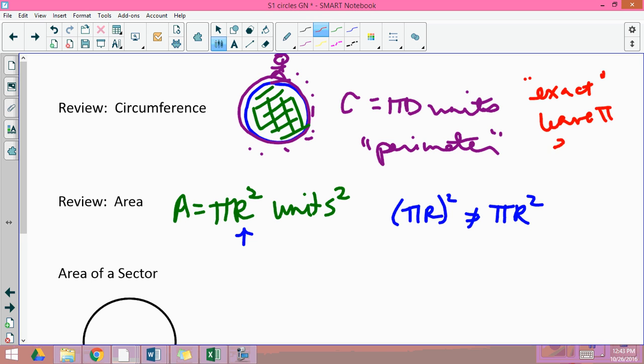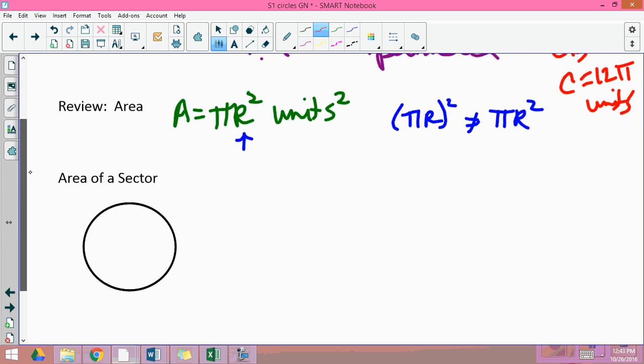A circumference, for example, could be reported as 12 pi units. That's a nice, neat way to give your answer, because as soon as you multiply by pi, you have to round, and then you've introduced rounding error into your problem. That can have a pretty major impact on your final answers, depending on how many times you round.